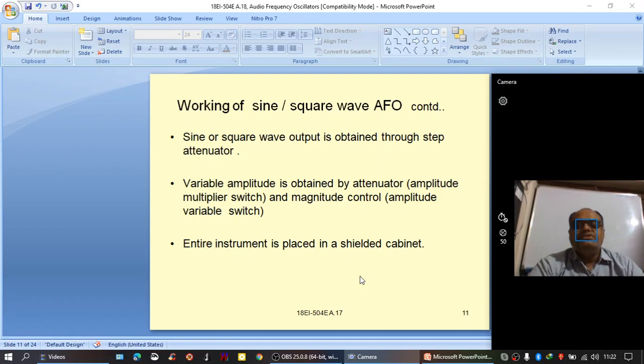And magnitude control, that is the potentiometer at the input, is achieved by the amplitude variation switch. The entire instrument is placed in a shielded cabinet. That is a basic description of sine wave, square wave AFO and its working.